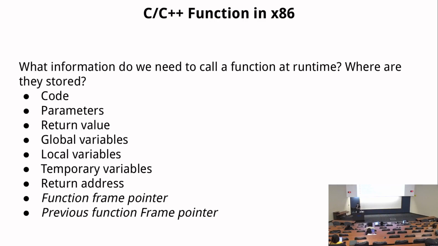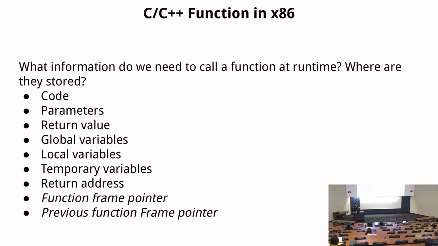Then there will be parameters, which are provided to those functions. And the function, if you program at the C level, usually has one return value, but you can actually have multiple return values if you pass an address as a parameter. But the built-in return value is only one.